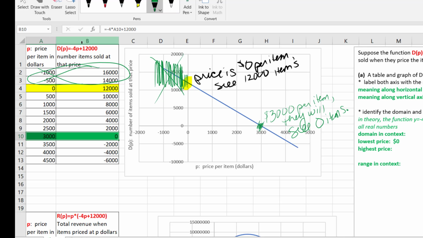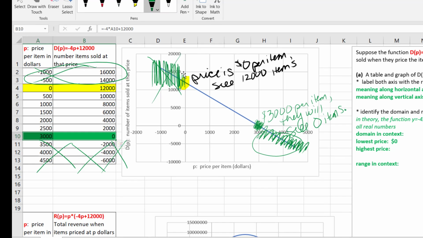But now we know it also doesn't make sense for us to consider points beyond p equals $3,000 per item, because at those points you start to have negative items sold. If they charge $3,000, that is the point where they will sell 0 items. If they charge more than that, the function would go below the x-axis, which would mean negative items, and that doesn't make sense in context.